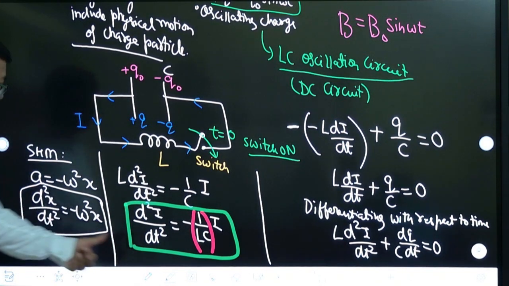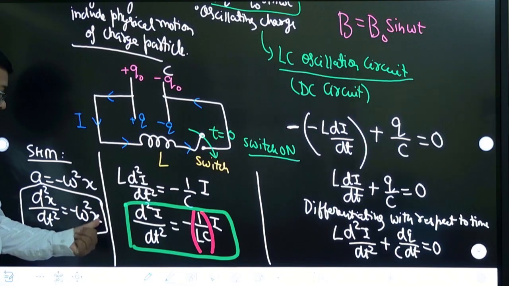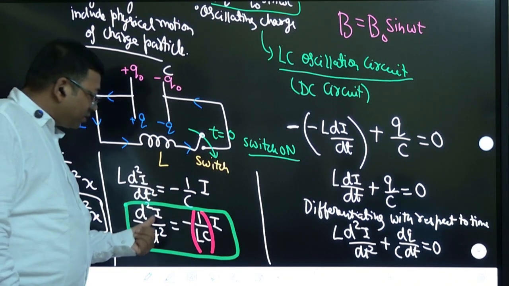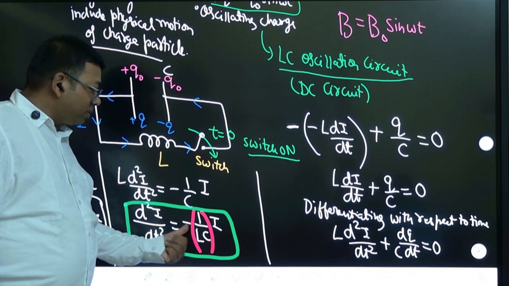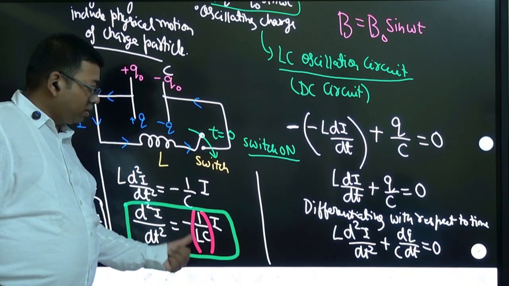Now you can compare. Double differentiation of position equals minus omega square into position. Similarly here, double differentiation of current is equal to minus omega square into current.